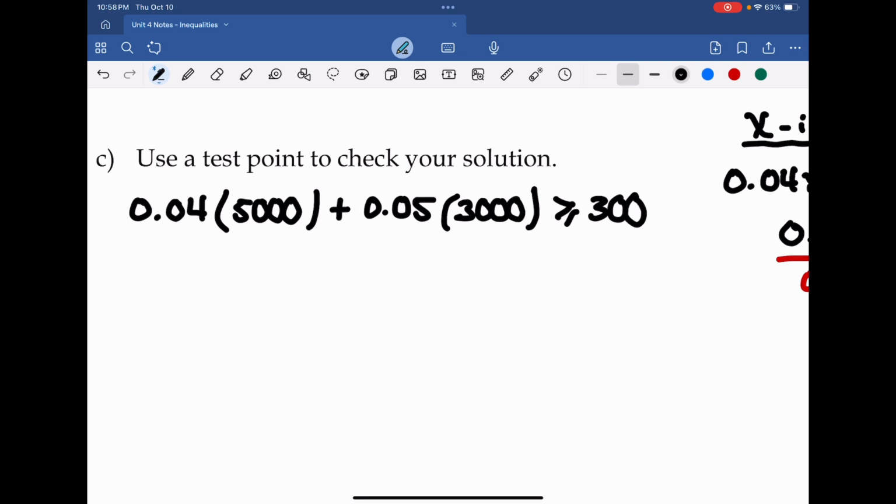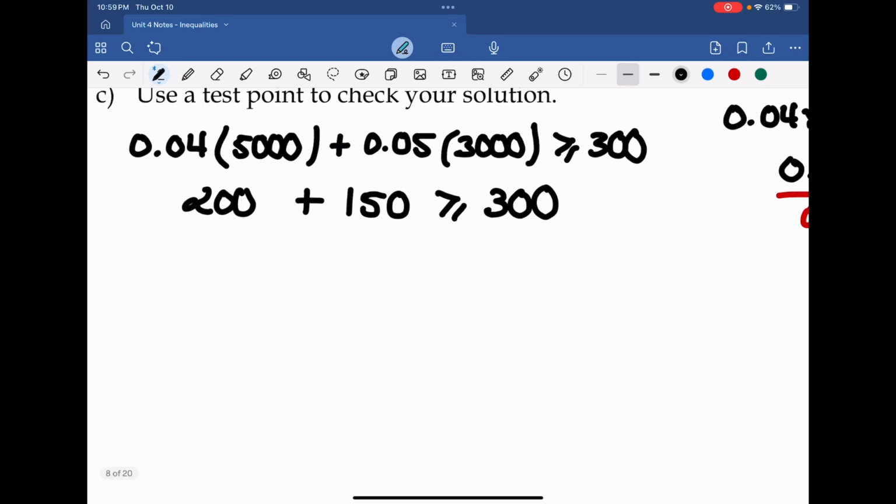Now, let's do some math here. If I take 0.04 and multiply it by 5,000, I'm going to get 200 from this section, plus 0.05 times the value of 3,000. This is going to give us 150.